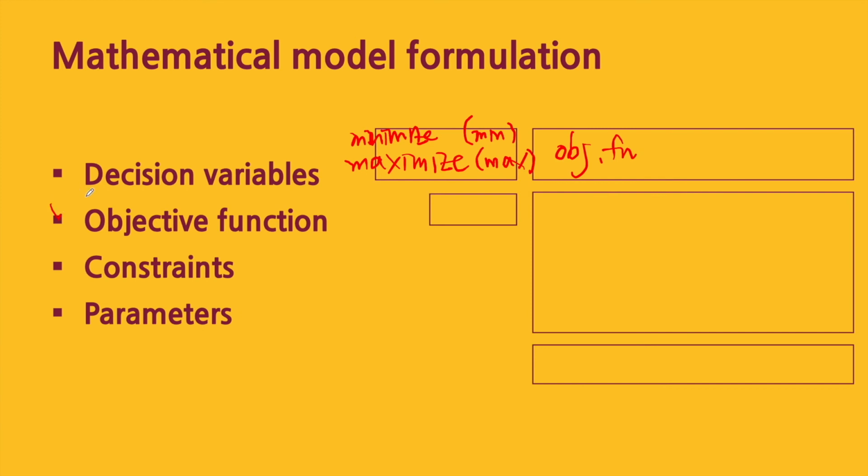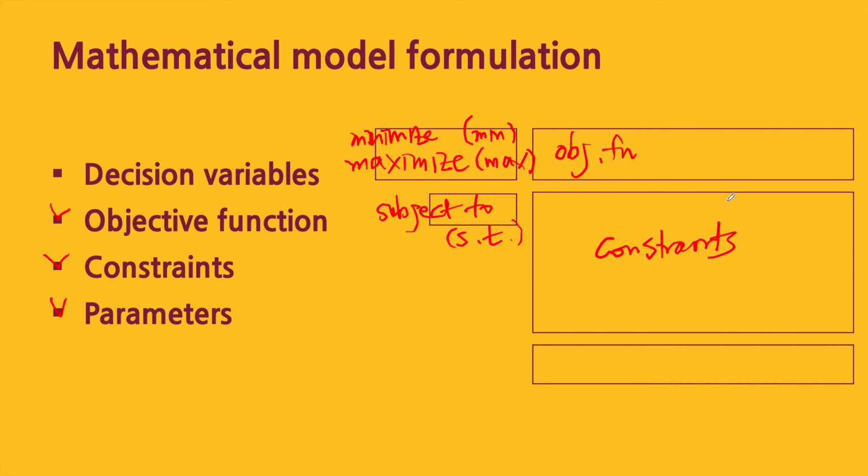And then right below the objective function, you're going to write down a set of constraints here. And then subject to, or s.t. And then parameters are included in the constraints and objective function as a coefficient.